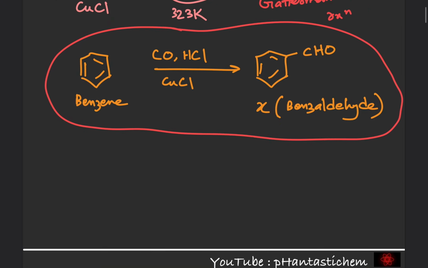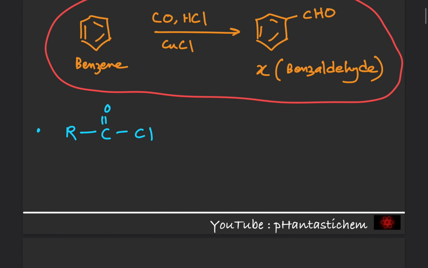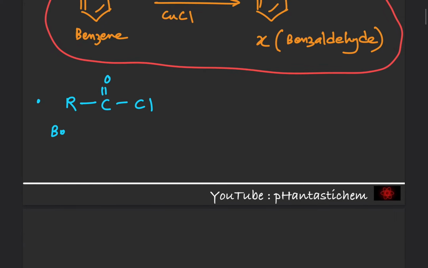Next, benzene reacts with acid chlorides, which have the general formula RC double bond O Cl. Benzene reacts with acid chlorides in the presence of anhydrous AlCl3 to form aromatic ketones. Very important, so I will write that down.